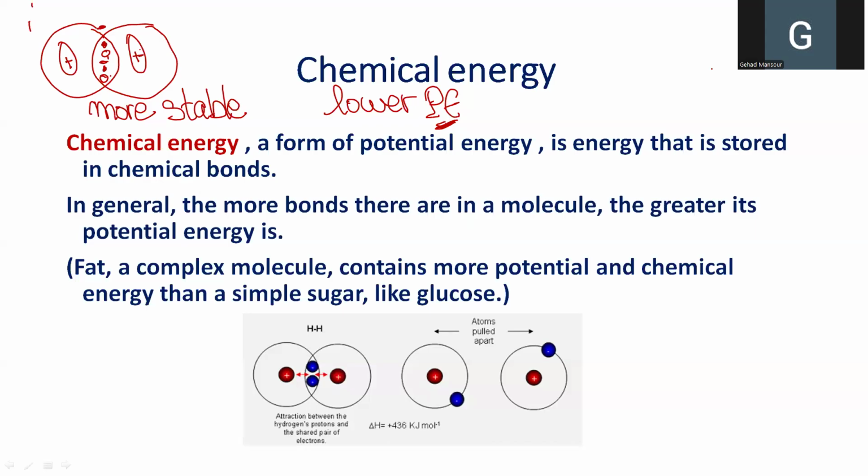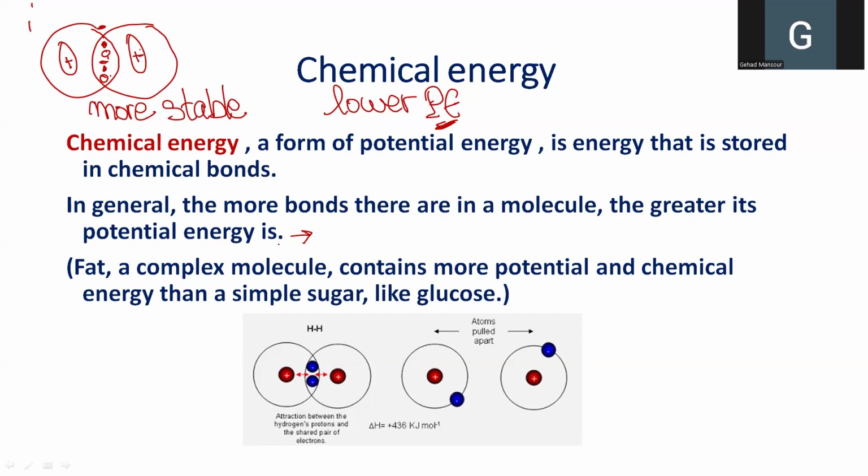So it sounds logical to say that the more bonds we have in a molecule, the greater the potential energy. But be very cautious because this statement is partly confusing. The more bonds we have in a molecule, the greater the potential energy.